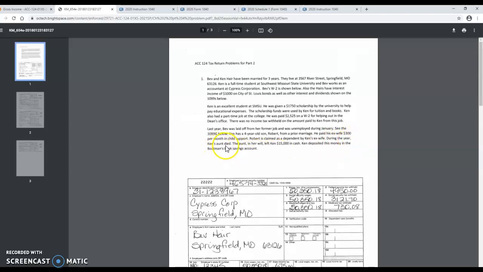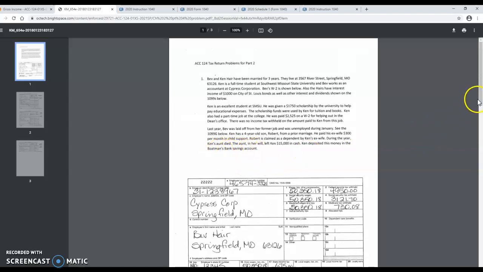During the year, Ken's aunt died. The aunt in her will left Ken $15,000 in cash. Now, we know from chapter 2 that inheritances are tax-free, so we don't have to worry. There's nowhere on the return that we have to put that $15,000. Ken deposited this money in the Boatman's Bank savings account.